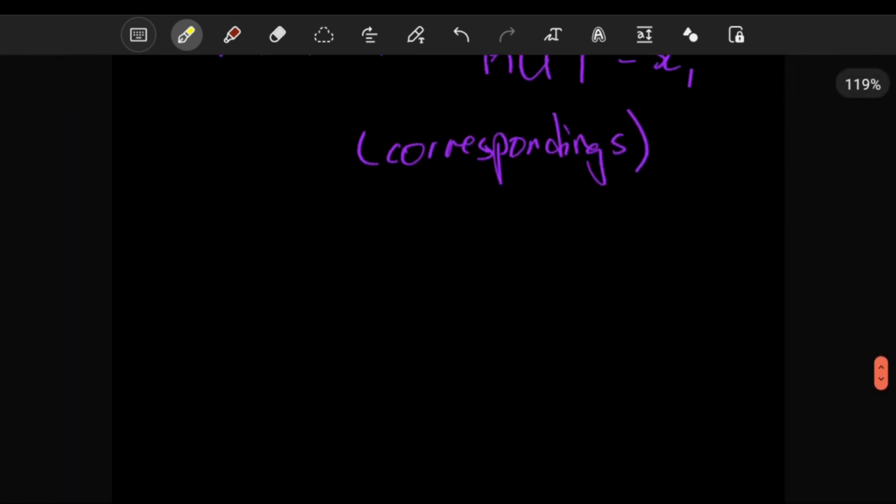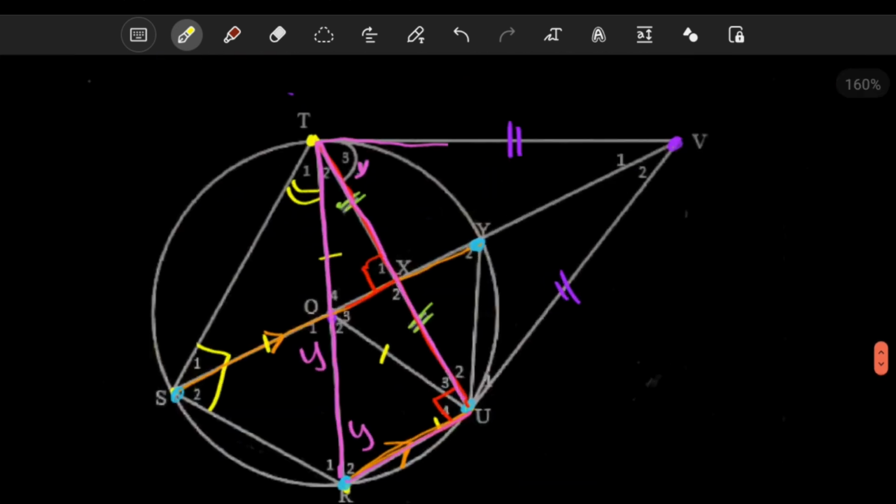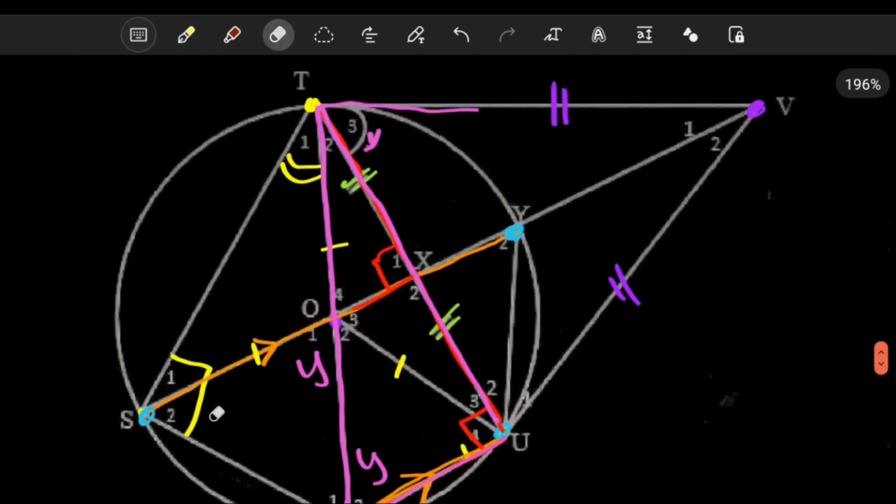So here, S1 is equal to T1, angles of an isosceles triangle. So using that as a reason, it's really nothing crazy. It's really quite simple. There we go.